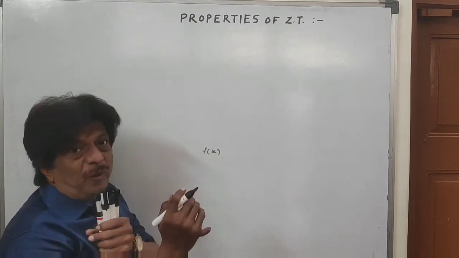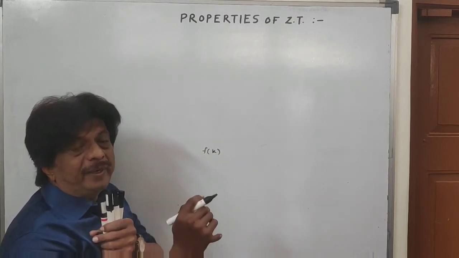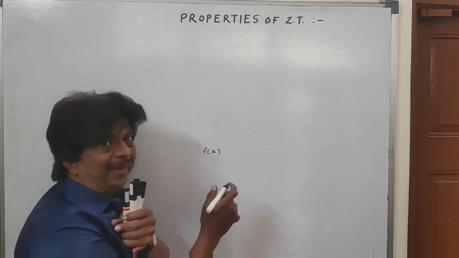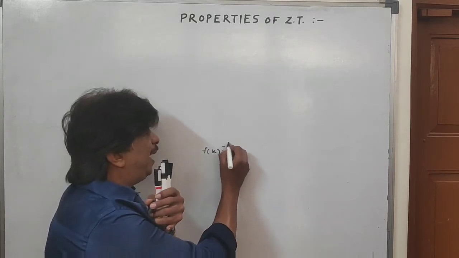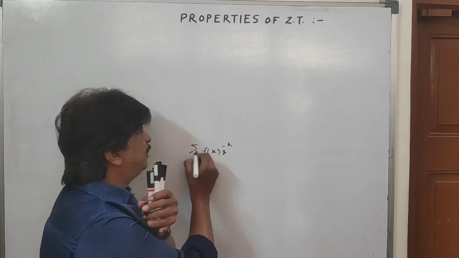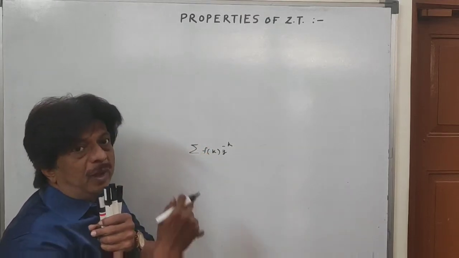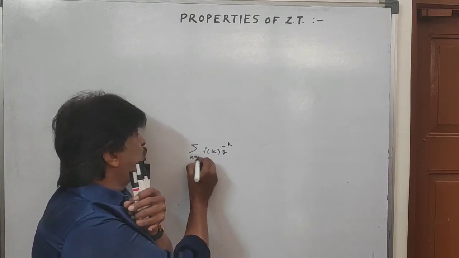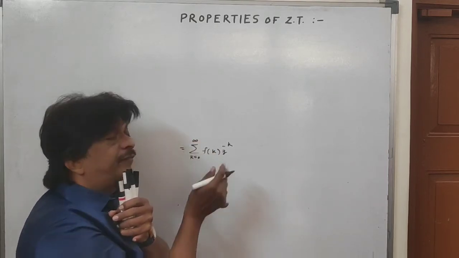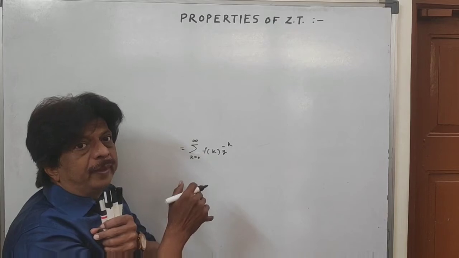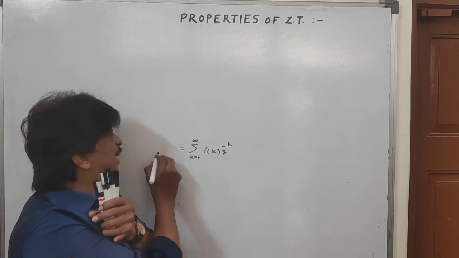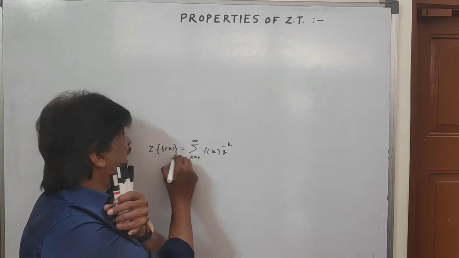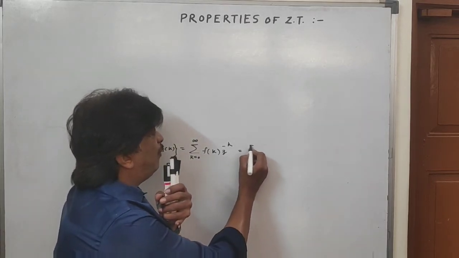Its Z transform is obtained by multiplying this sequence by z raised to power minus k and taking the convergent sum of this from k equal to 0 to infinity, and if this sum approaches some function of z, that is called the Z transform of f of k, and it is denoted by f of z.